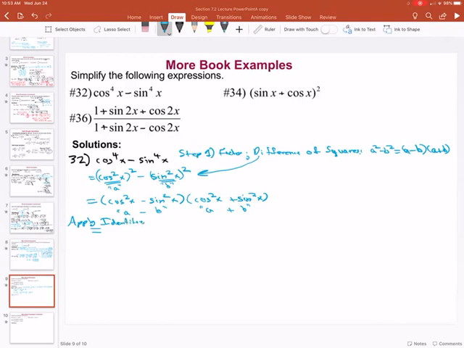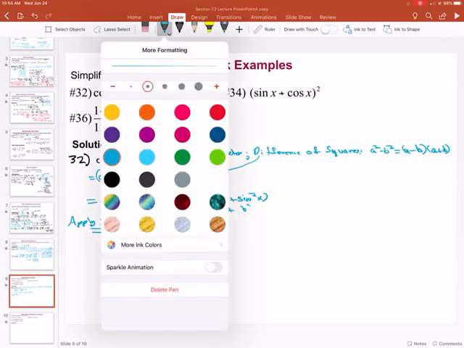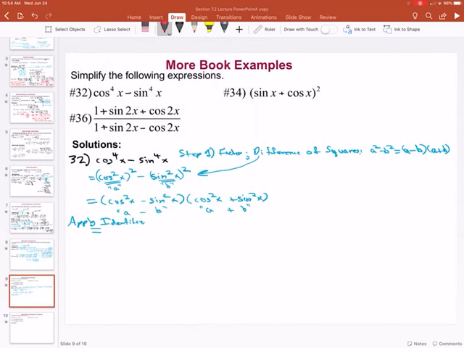So if you recognize, hopefully you do, I'm going to go ahead and write it here in a different color. What do we have here? This is our double angle identity, cosine.